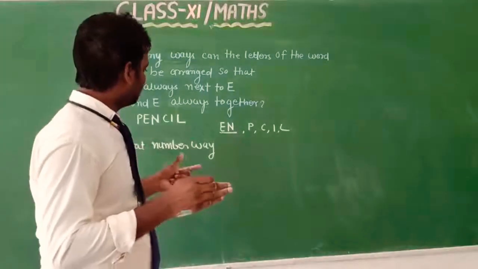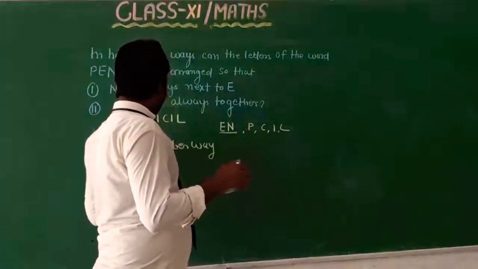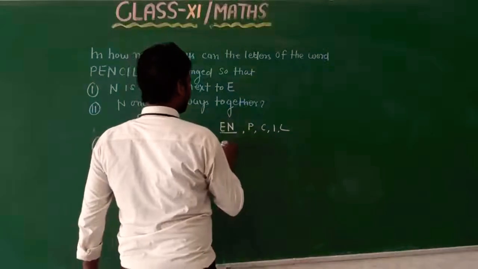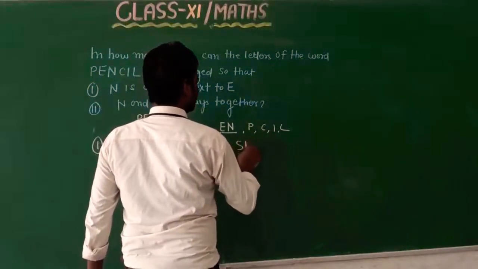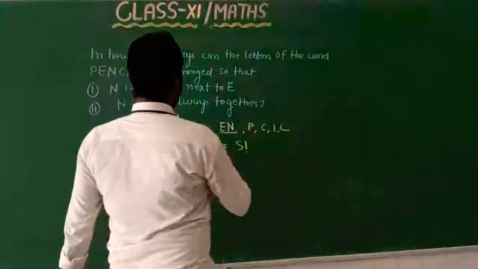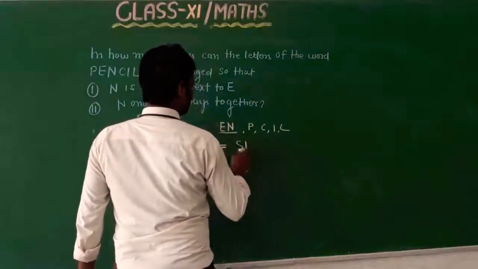arranged in 5 ways. So this is factorial 5, and now simplify.